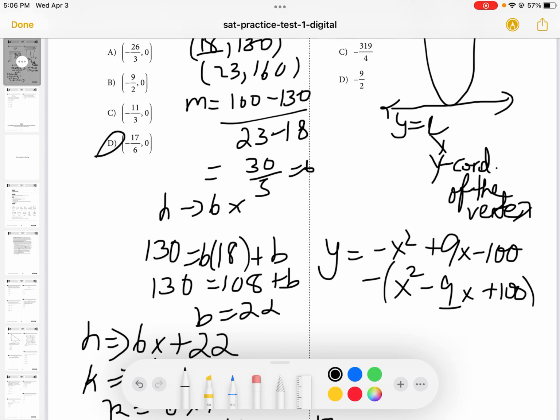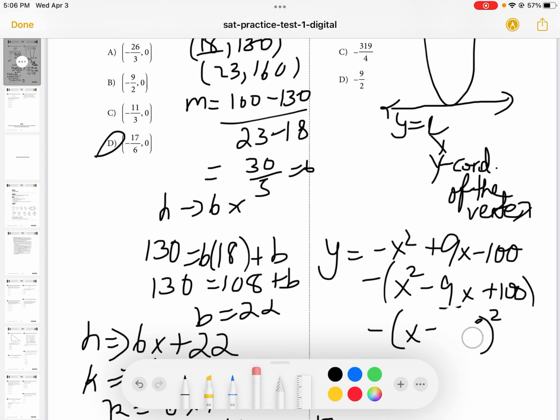Now you have to split this in 2. So you're going to get negative x minus 4.5 squared. So 4.5 squared is 20.25.